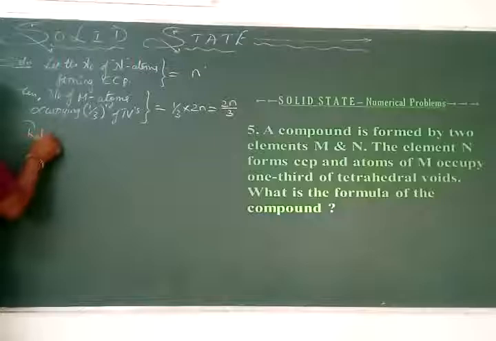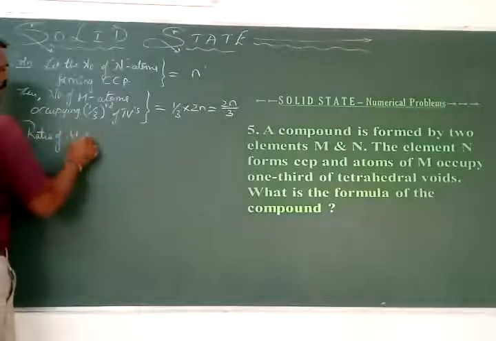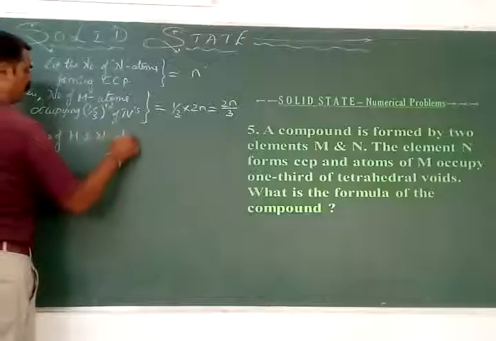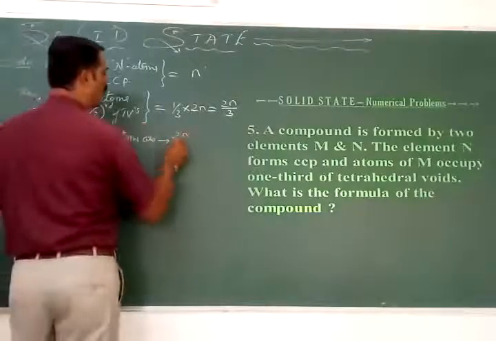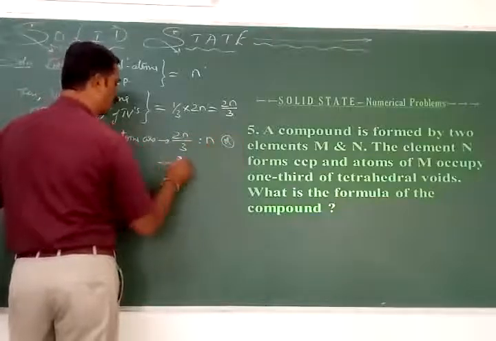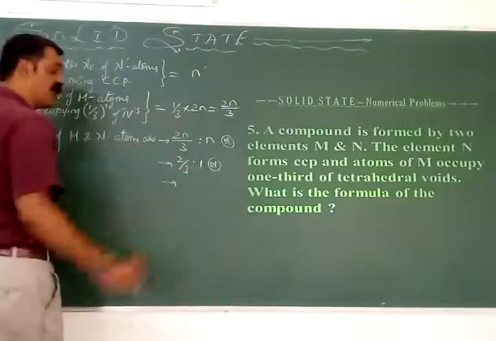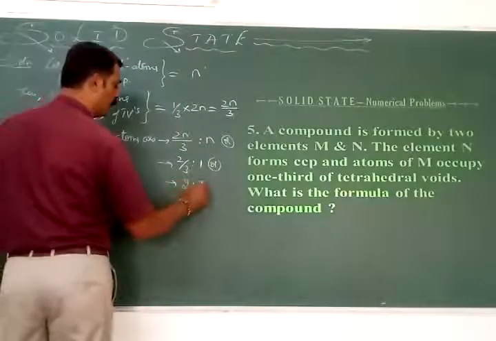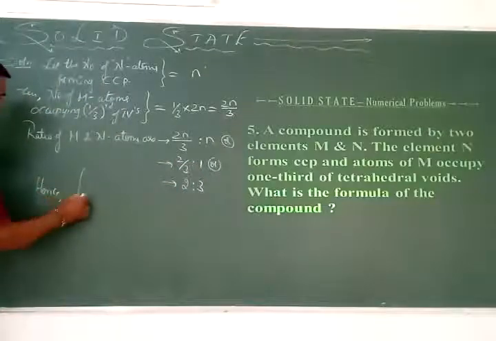Ratio of M and N atoms. What's the ratio here? 2n by 3 is to n. If I remove the n, it is 2 by 3 is to 1. If I multiply by 3 here, it becomes 2 is to 3. Hence, the formula of the compound.